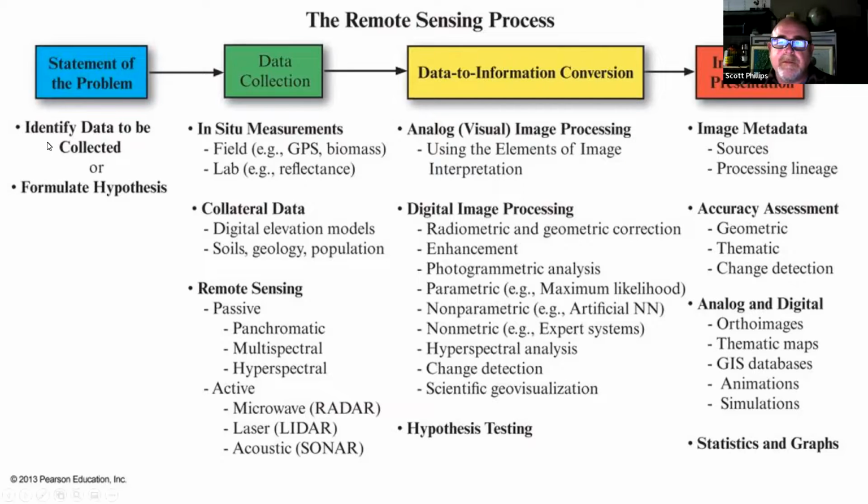Then you take the actual remote sensing data and convert that to information, using different kinds of processing techniques to take raw data and come up with something like a vegetation index. And then, of course, information presentation, like we do with maps in GIS. You do similar processes with remote sensing data as well.